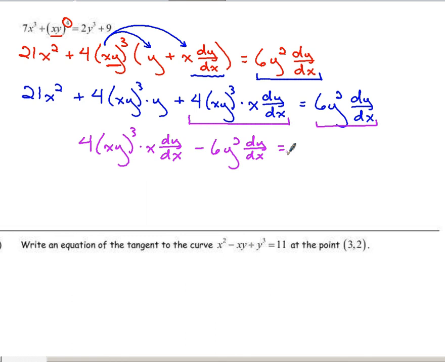As for the other parts, you've got this 21x squared, got to subtract that over. I'll put that on the right side. Got this combination of 4xy cubed times y, subtract that over. That completes the optional step. Now ready to take the dy/dx out.